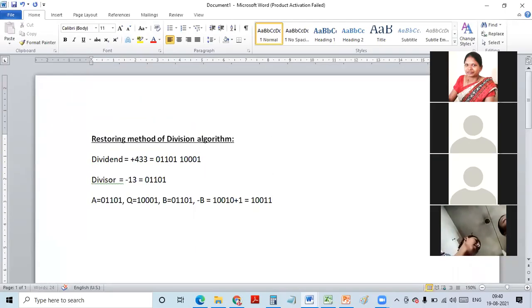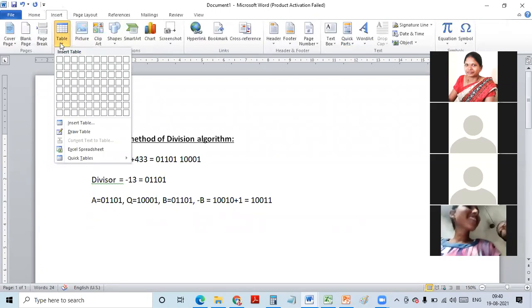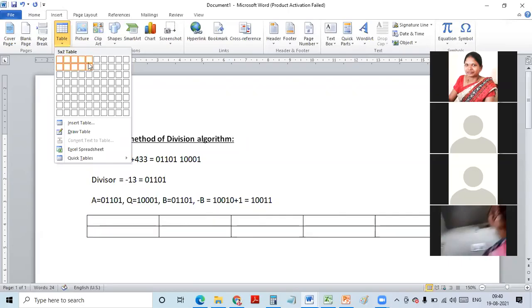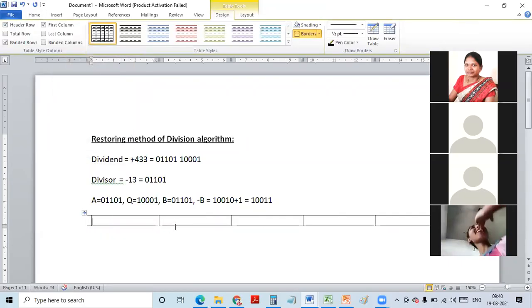So now proceeding to the algorithm, I require the operation, whether it is addition or subtraction or shifting, for that one thing, and the E bit, end carry, and then A and Q, and finally the sequence counter. This is the table I require.